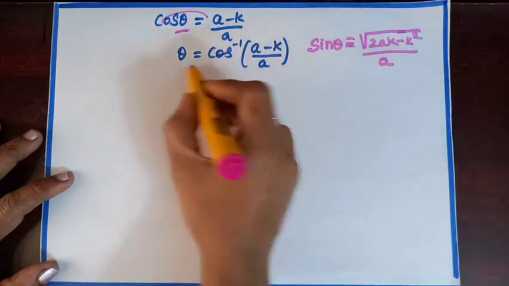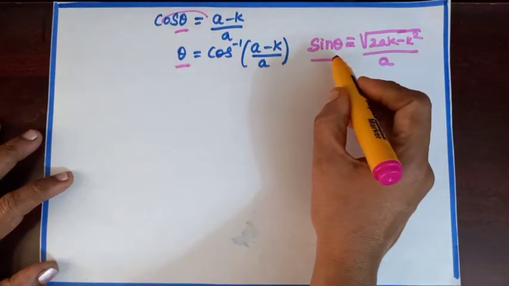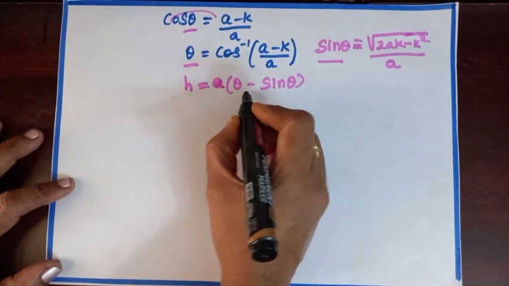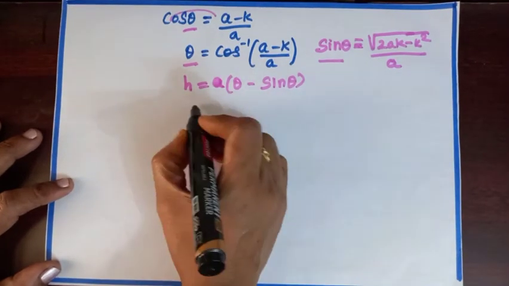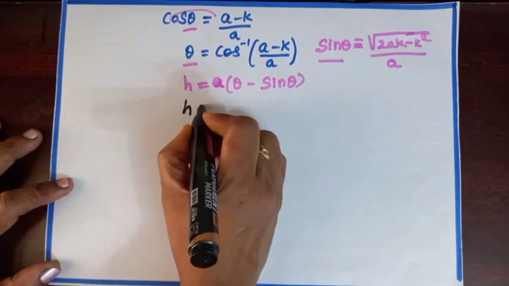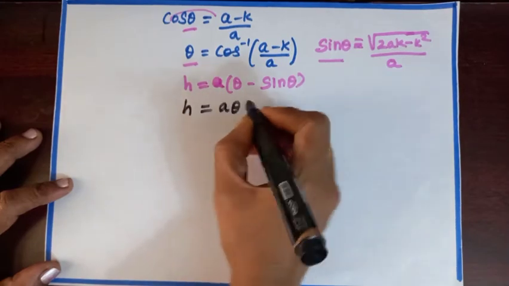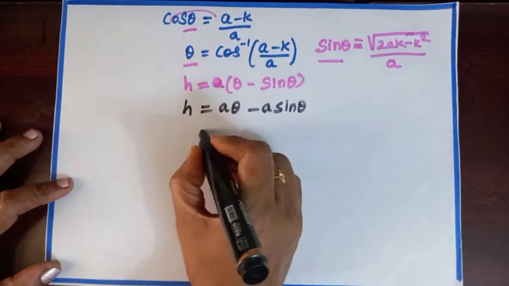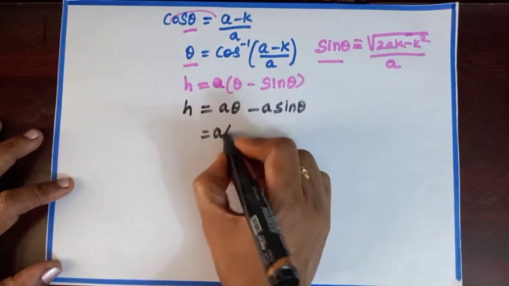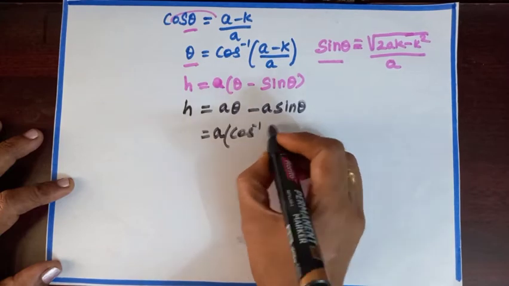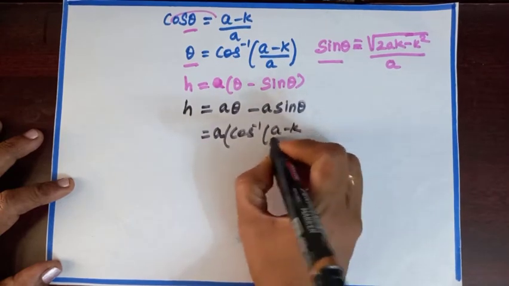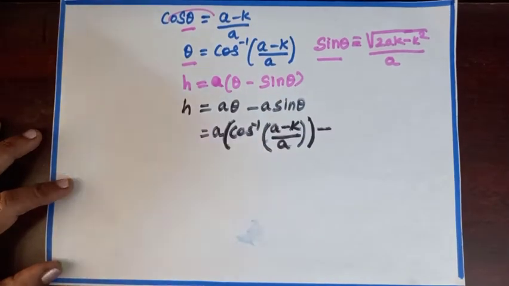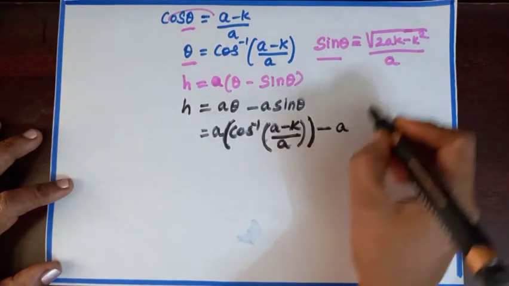Now I am going to substitute theta and sin theta values in 1. That is h equal to a into theta minus sin theta. h equal to a theta minus a sin theta. Now theta value is cos inverse of a minus k by a, minus a into sin theta.